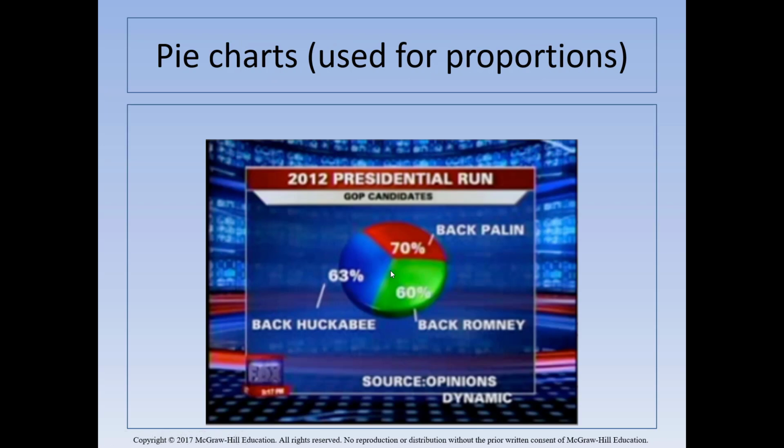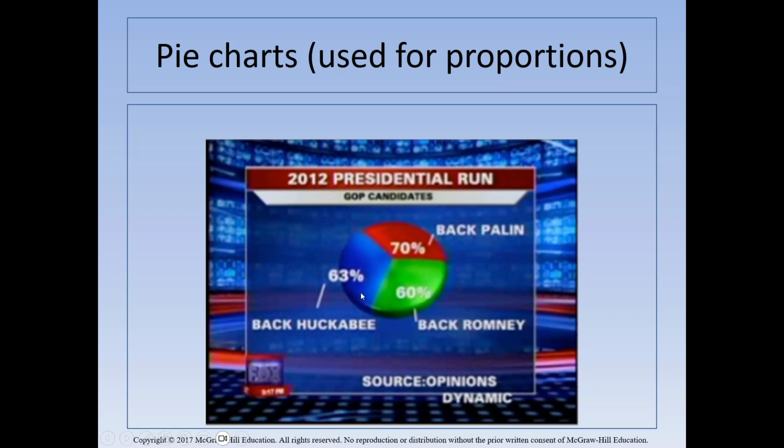So here's another interesting one. This is going back a long way. I'm not trying to be politically biased in any way, but this is from the 2012 presidential election, the Republican primary, and you were supposed to say your approval of a candidate. So you might approve of more than one candidate.